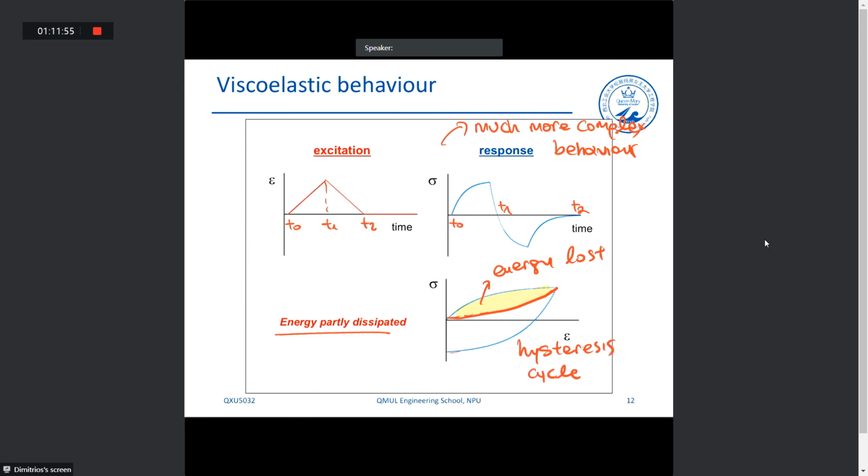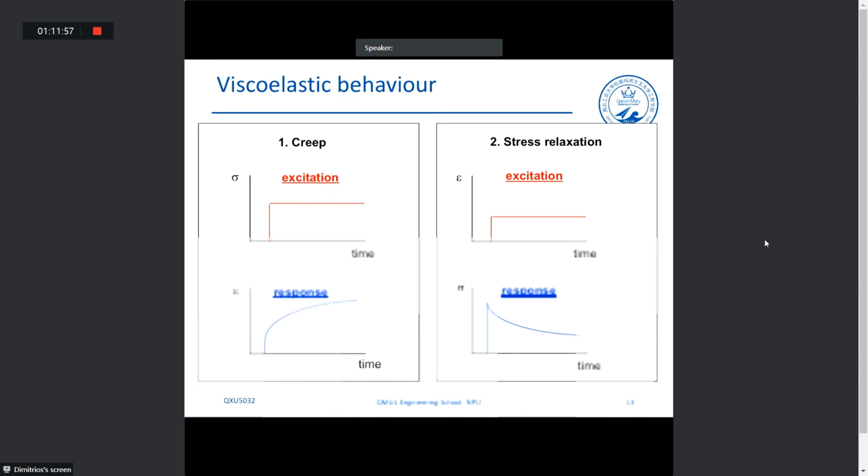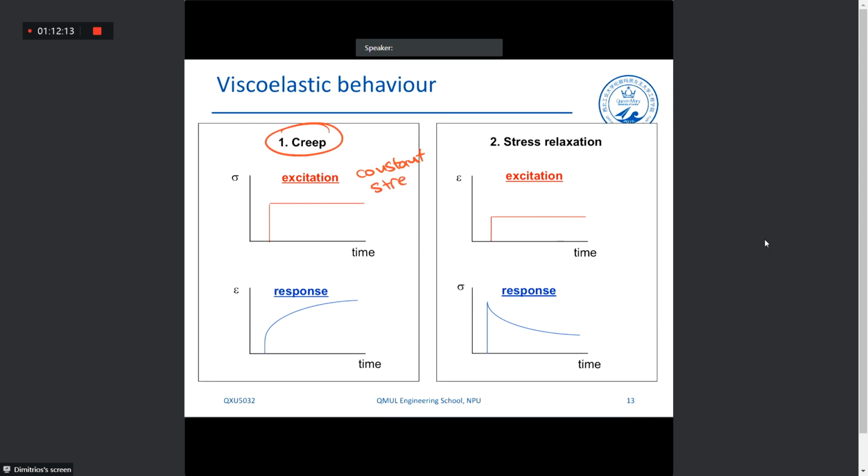So in terms of a kind of summary, in terms of the creep behavior, we have excitation, constant stress, and an increase of strain. With constant stress, increasing.